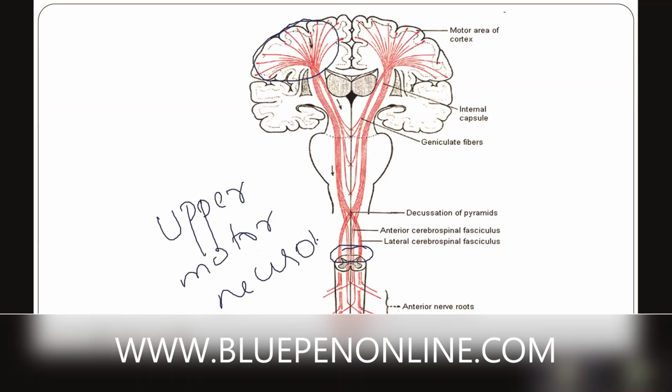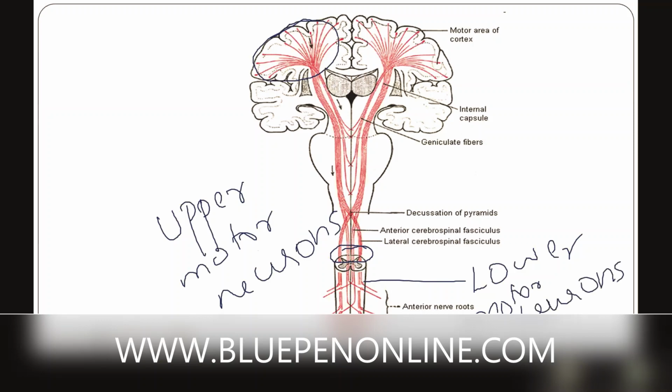Neurons that start at the brain, that is the primary motor area of the cerebral cortex, and end in the spinal cord are called upper motor neurons. And the neurons that carry information from the upper motor neurons to the muscles are called lower motor neurons.